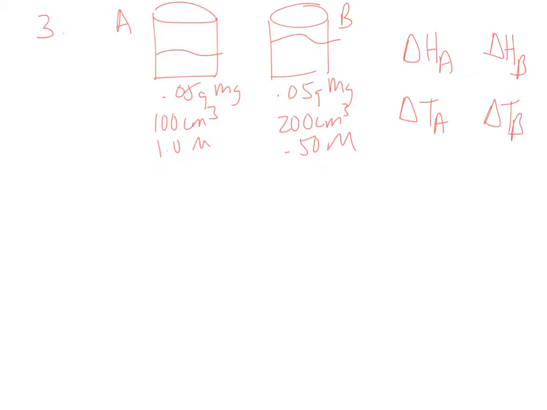Number 3 is a tough question, because when you look at it, you've got beaker A and beaker B, and each one has the same size of magnesium being put in, and beaker A has HCl that's 100 cc's and 1 molar. So when I multiply my 0.1 times 1 molar, that means I have 0.1 moles of HCl. And my beaker B has 200 cc's, or 0.2, but it's only 0.5, so that's also 0.1 mole.